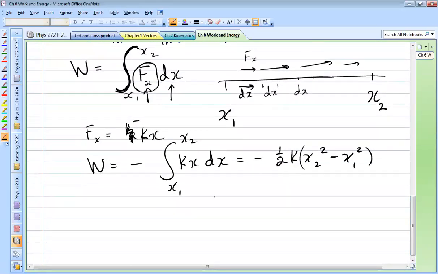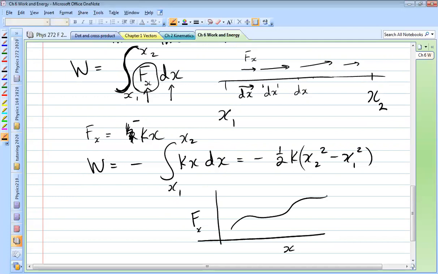Okay, now that is well represented on a graph. If you graph the force in the x direction as a function of x, and you get, say, some function like this, then the integral between x1 and x2, we know, is the area under the curve. And this area represents the work done.